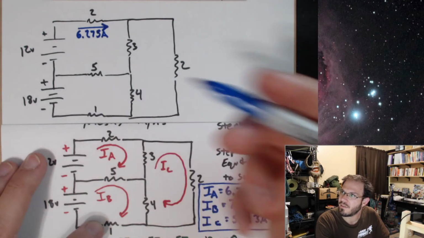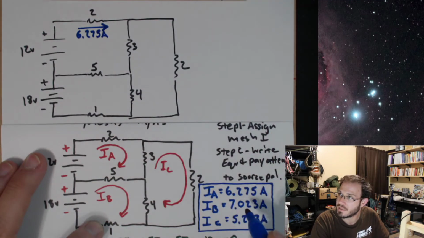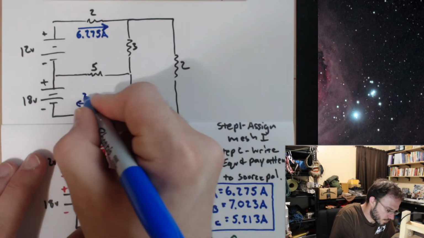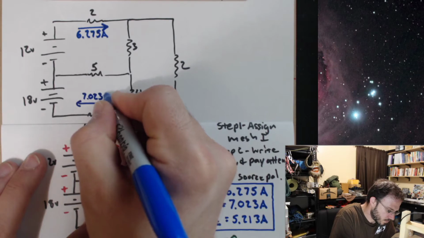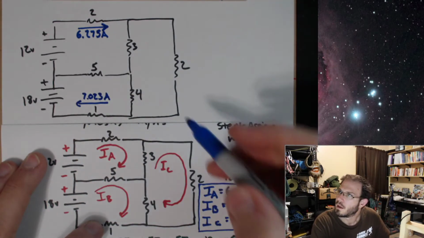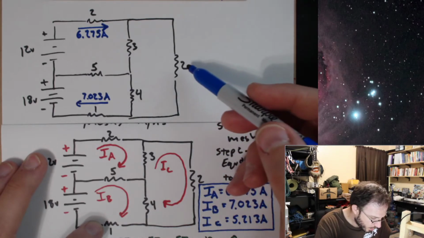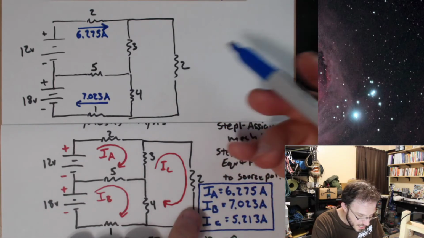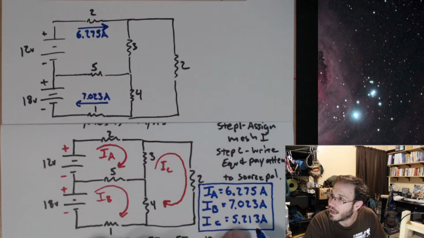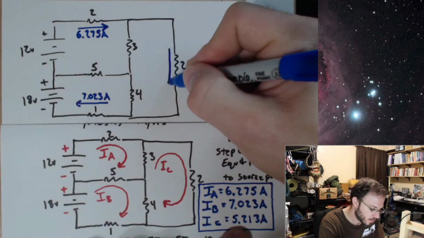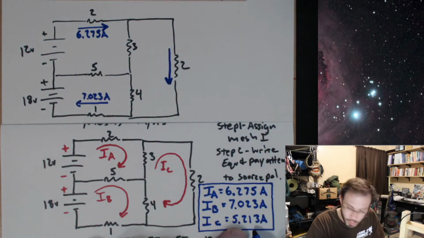IB was going to the left, and IB had a positive value, which means the current is going in the same direction, and we had a value of 7.023. The other one that only had one mesh current involved was IC. It ended up being positive, so it will go in the same direction as our mesh current, with a value of 5.213.